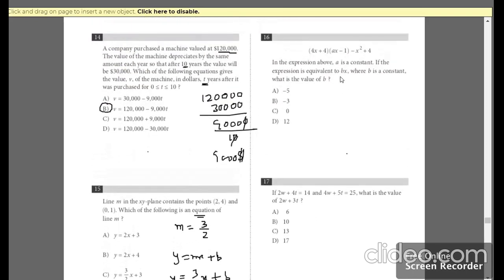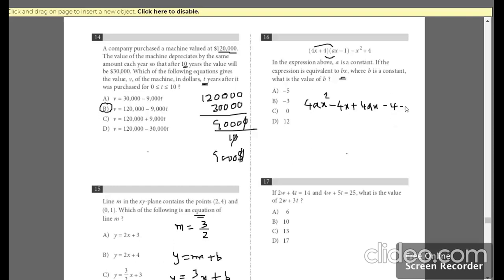Moving on to question number 16, that we have. A binomial multiplied by the binomial x square minus 4, where a is a constant, is equivalent to bx, where b is a constant. What is the value of b? So upon multiplying the two binomials, what we get is 4a x square, and this one will give us negative 4x. Likewise, 4 times this one will give us 4ax minus 4.